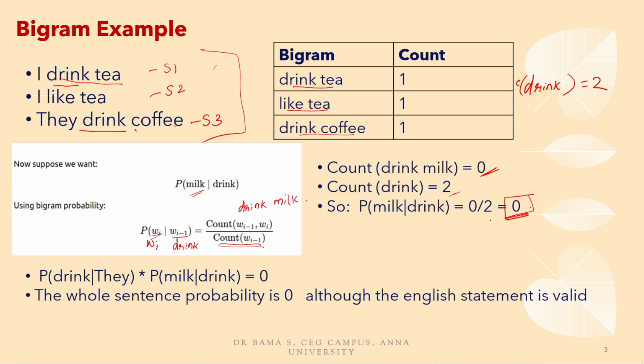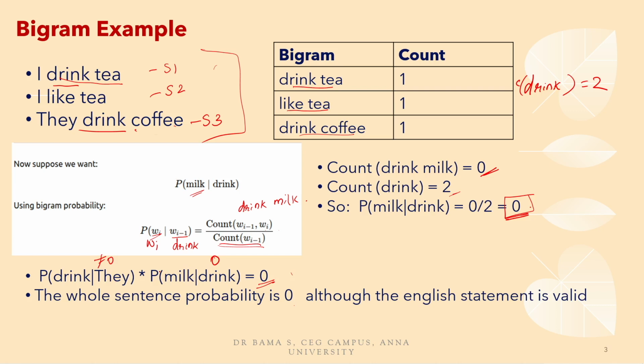Because this we have calculated as 0, and drink given day has a count, which we can write as the probability of Wi given Wi minus 1. This is not equal to 0 here, but anything not equal to 0 multiplied by 0 is going to be 0. So if you take the whole probability of the sentence, it is 0.